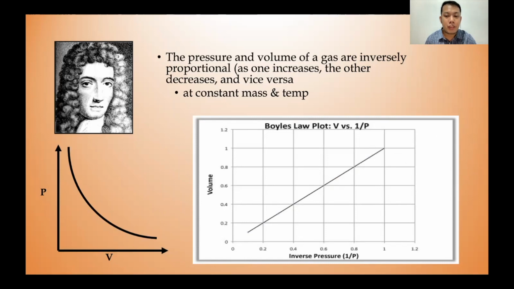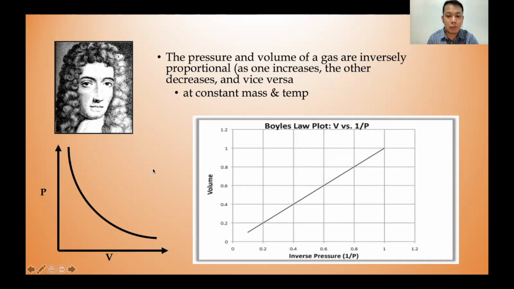No, not this one, not on the right side. There's something wrong here on the right. Yeah, because the label here is inverse pressure. Sorry for that. So on the left side is the pressure and the volume, and that is inversely proportional.